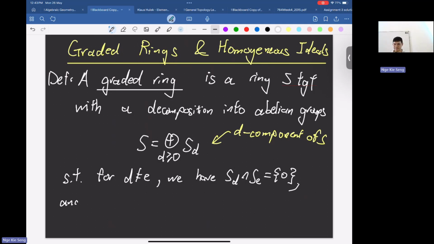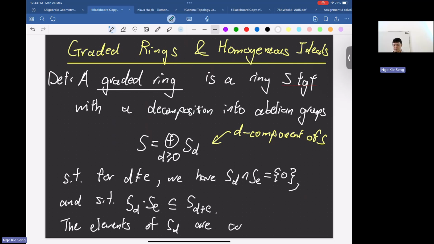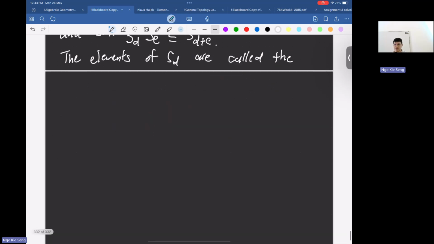And such that if you do S_d times S_e, meaning you take the d level elements and multiply by e level elements, you go into the d plus e level. Don't confuse this with the group addition of the ring: d plus e here is really just addition of positive integers. The elements of S_d are called the homogeneous elements of degree d.